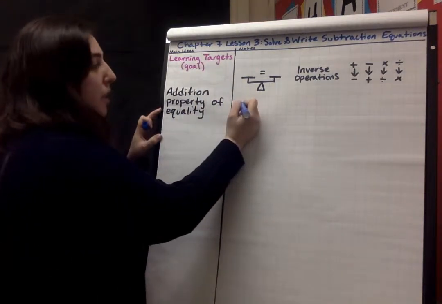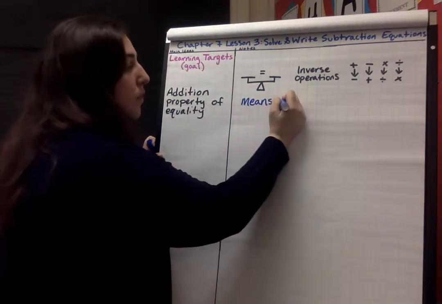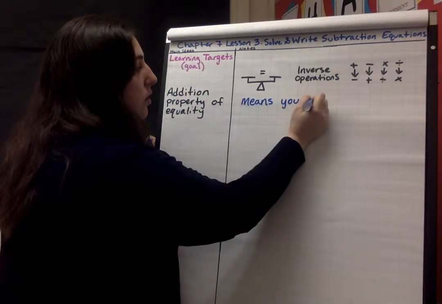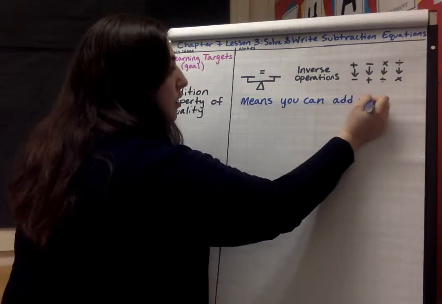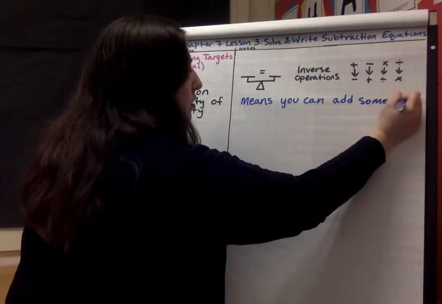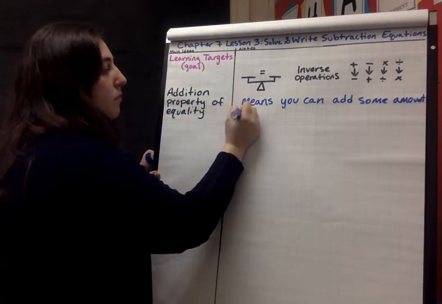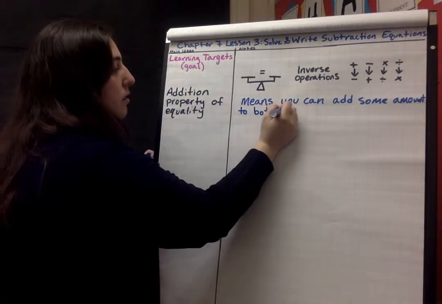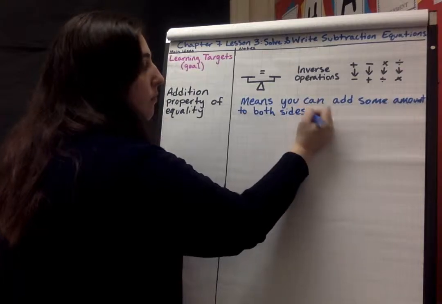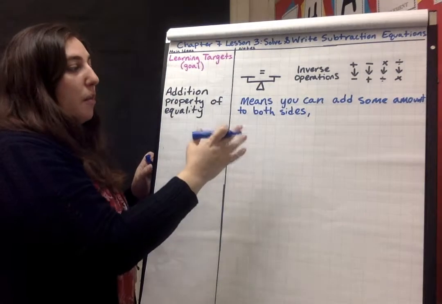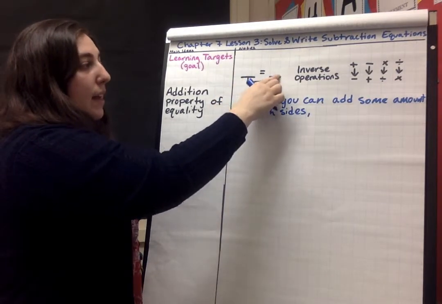So the addition property of equality means you can add some amount to both sides. So it means you can add some amount to both sides. So if we think of our scale, we can add an amount to this side and this side.